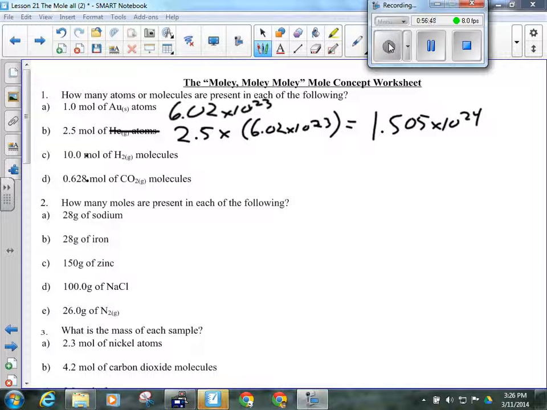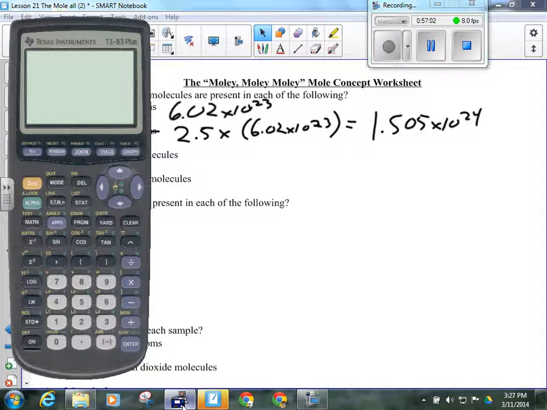No, it's got to go E23, because 6.02 to the power of 23 is not the same thing as 6.02 times 10 to the power of 23. Those are different numbers. That's why you got to use that E button. So you do it like this. I would go 2.5 times, and then in brackets, 6.02 E23.